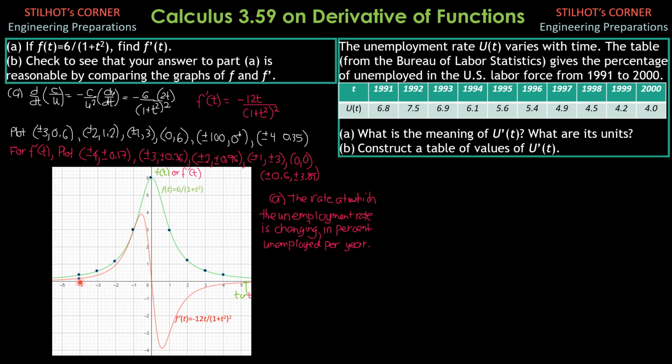So negative 4, positive 0.17, then positive 4, negative 0.17 here. Negative 3, positive 0.36, positive 3, negative 0.36. Positive 2, negative 2, positive 0.96 here.